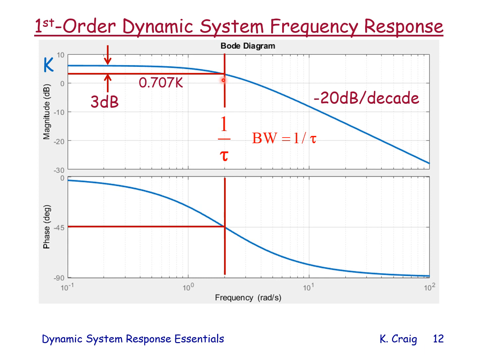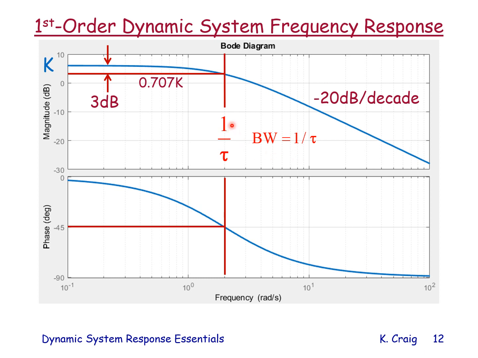Now that happens to be the definition of bandwidth. The bandwidth of a system is the frequency at which the amplitude ratio drops 3 dB, or is 0.707 of that low frequency value. For a first order system, the bandwidth is exactly equal to 1 over tau.